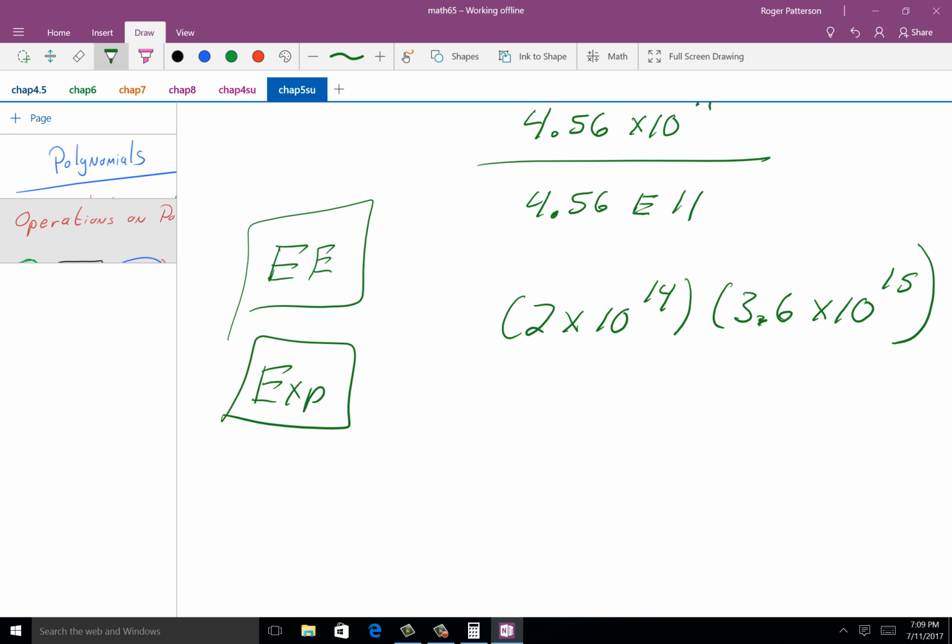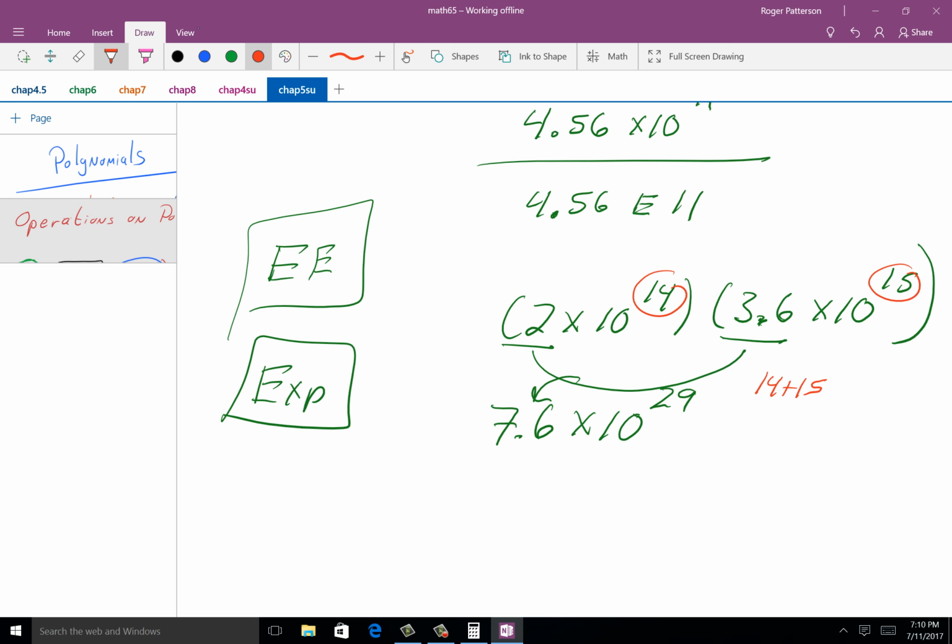Then really all I need to do is just multiply these two numbers and add my exponents, because we're just using properties of exponents there. So I multiplied these two numbers to get to here, and then added these exponents to get to that, okay?